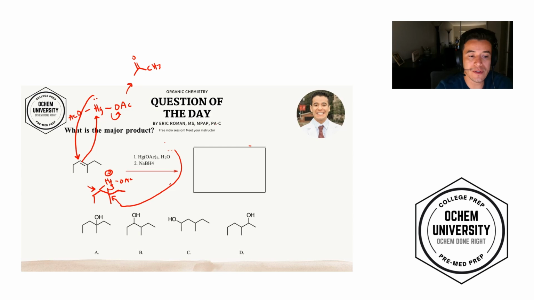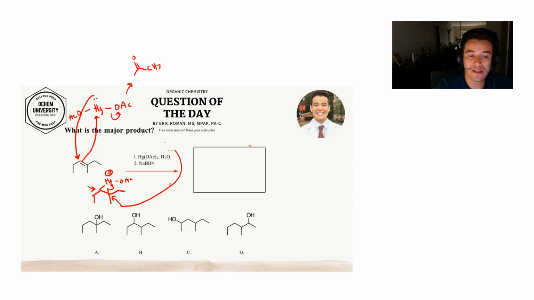When that happens, I'll just write it over here on the right-hand side of the screen. You can see that all the carbon chains are the same, so nothing changes here. And then my Hg is up here with its OAc. And then my new OH group comes into town, and that's going to be located right there. So you can see we're getting pretty close to where we want our answer to be.